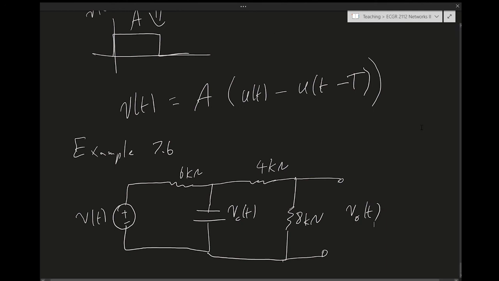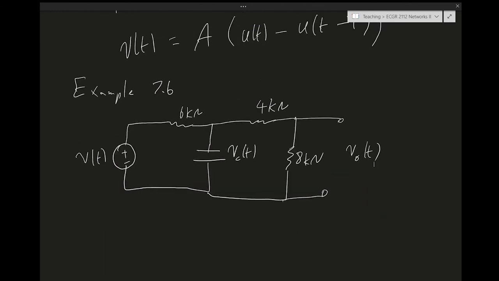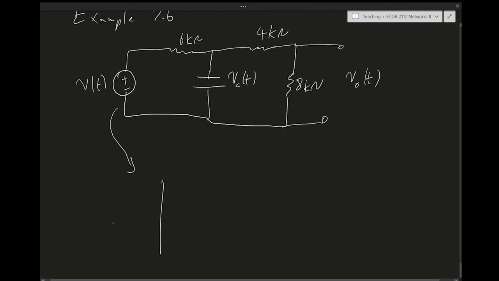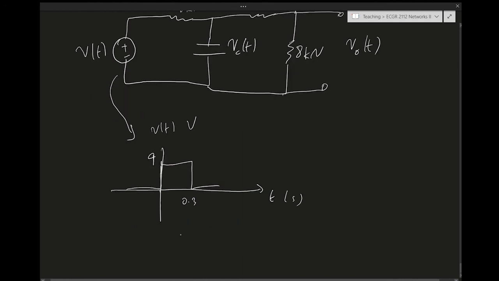And let me see, the input, here's where the pulse comes in. The input v of t is defined to be this pulse. This is time in seconds, and this is v of t in volts. It's defined to start at 0, go up to 9 volts, and then at 0.3 go back to 0. So we would represent it mathematically using the help of the unit step function as follows.